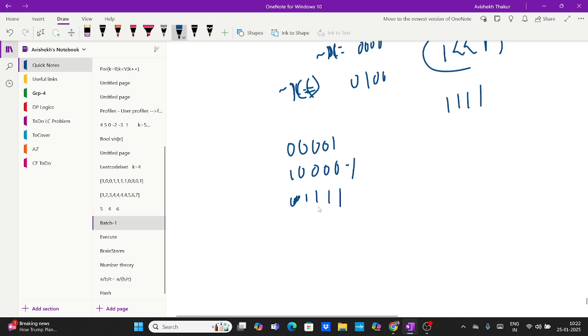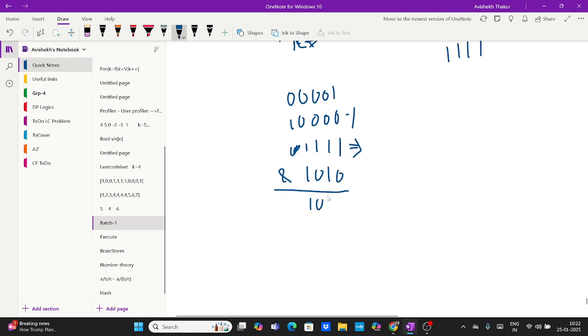Now, given a 4 length bit, let's say 1010, if I do AND, and it is not equal to this number, then all the bits are not set, correct? So this is not equal to this, right? And we have this number and the given number is 1111.